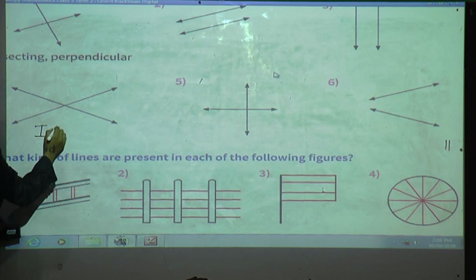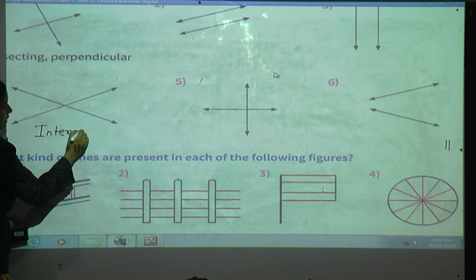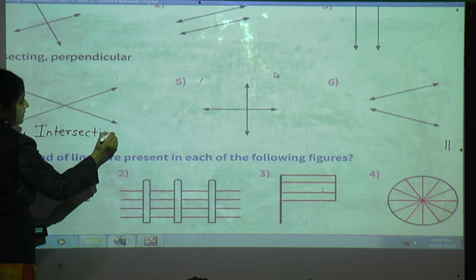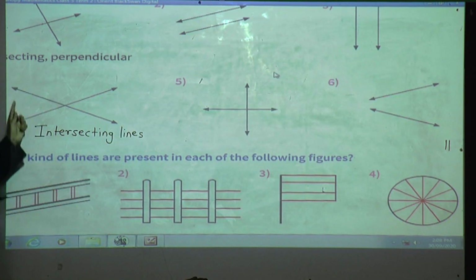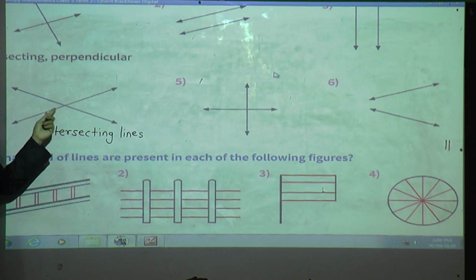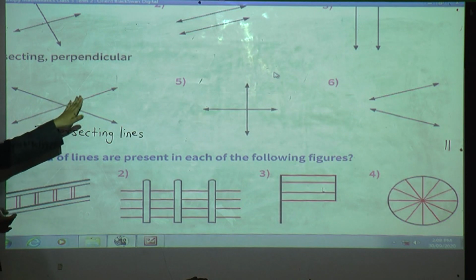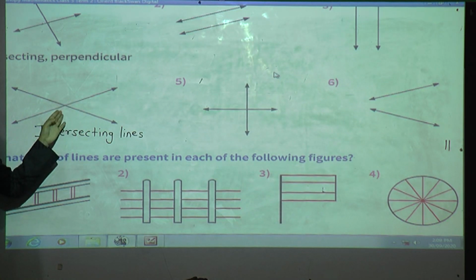Very good. They are intersecting lines because these two lines meet each other here. So they are intersecting lines, and they are not parallel lines.